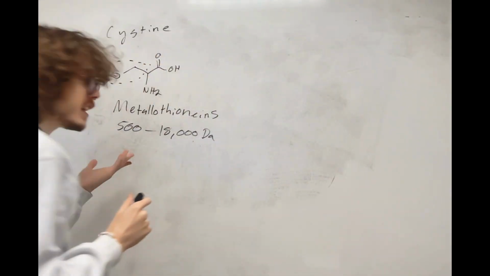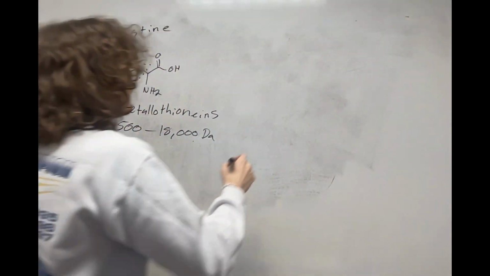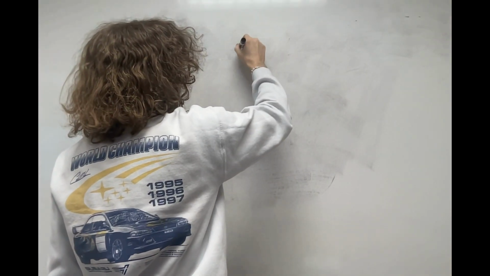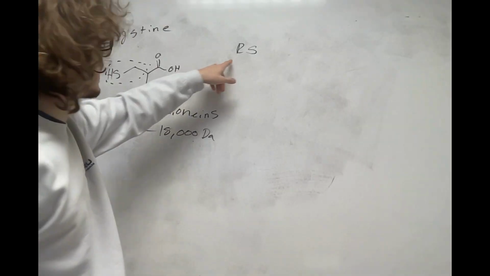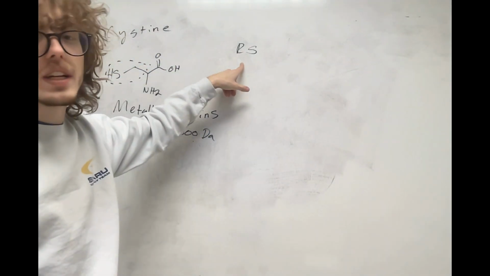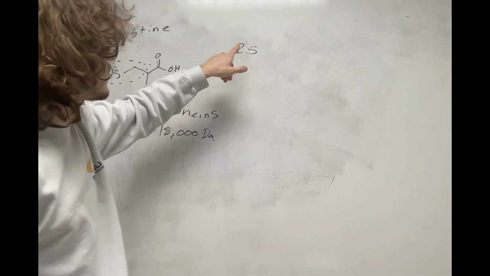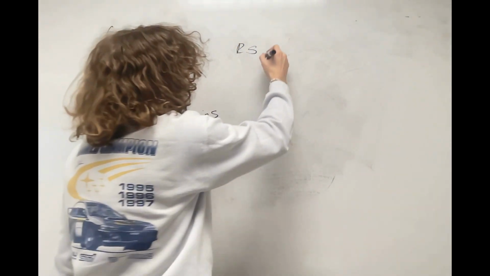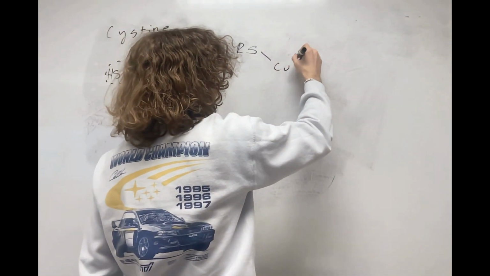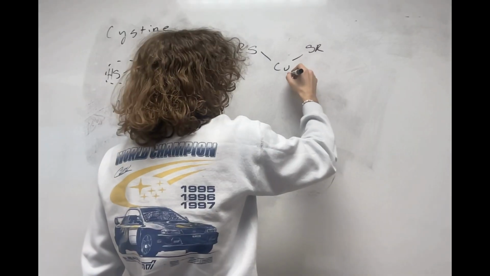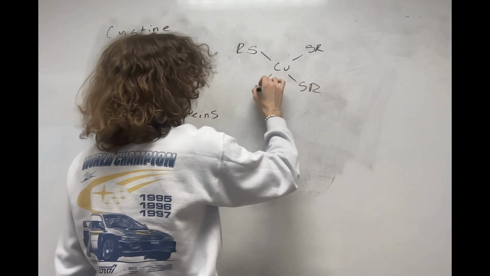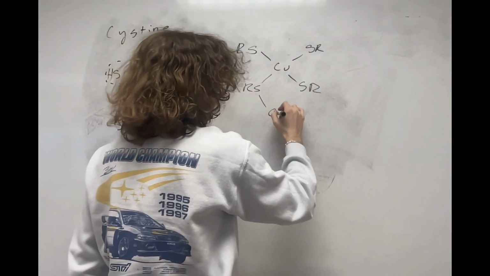Now, you might ask, well, what does this even look like? Well, I'm going to discard drawing the rest of the cysteine residue. But whenever you see SR, that's going to indicate the cysteine and the rest of the residue. So let's take, for example, copper. Copper is going to form these tetradentate webs of cysteine residues like this.